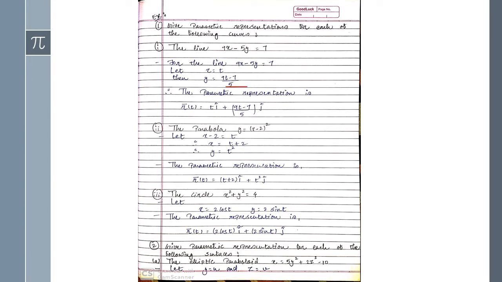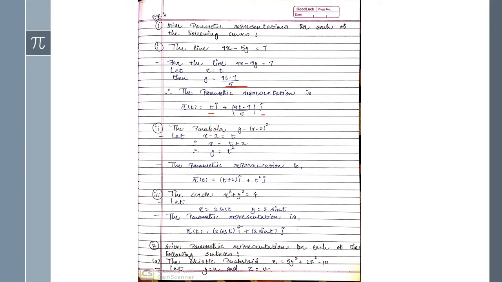So the parametric representation of the given equation is, what is the formula, r of t equals x of t into i plus y of t into j. This is for two dimensions because only two variables are given. In place of x of t you will write t, and in place of y of t you will write (9t minus 7) upon 5. In this way, you can do the representation of any curve.